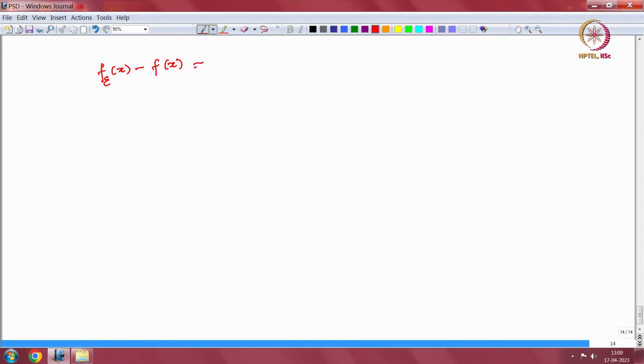The first step we write is the integral of rho_epsilon(x minus y) times (f(y) minus f(x)) dy. Why can you write it like this? The main property we are using of rho_epsilon is that its integral is 1.